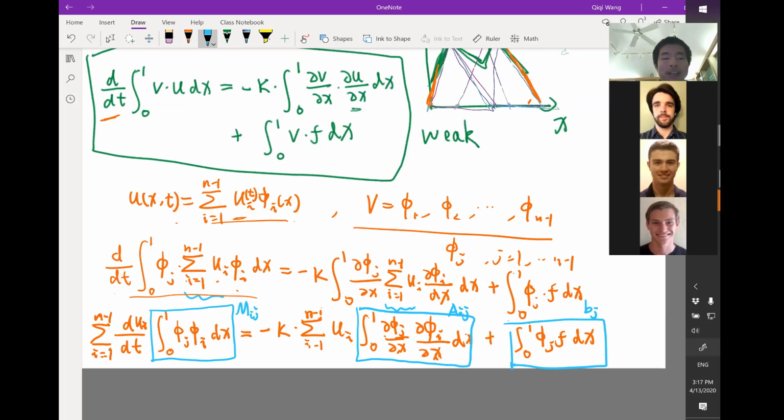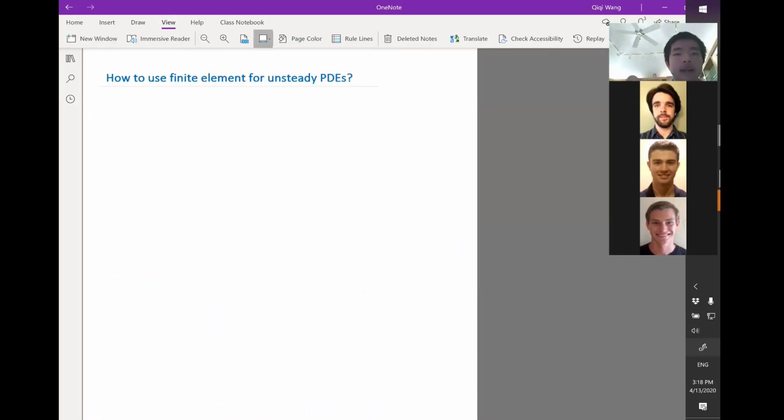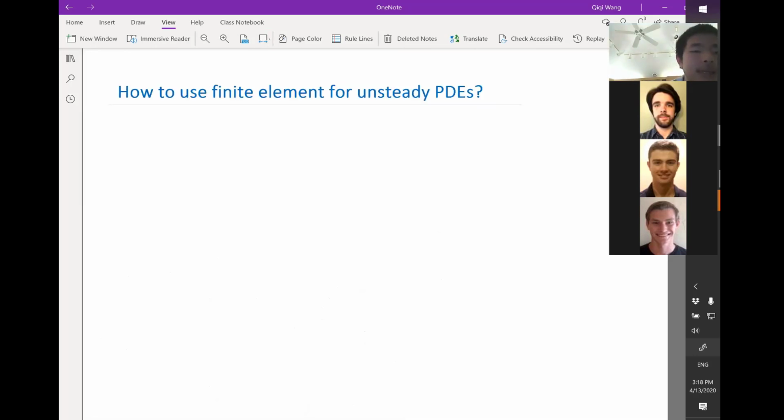So essentially, what we derived is an equation that is the summation over i of Mij times not ui, but the time derivative, dui dt, is equal to, again, a summation over i of my stiffness matrix.